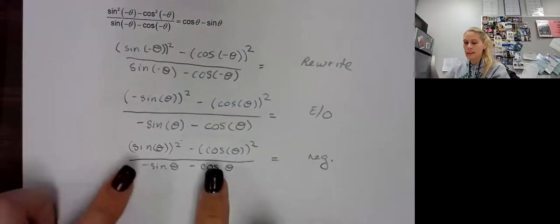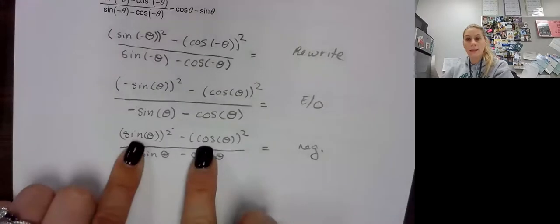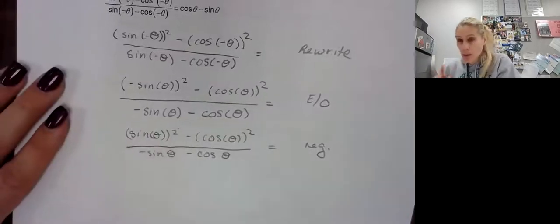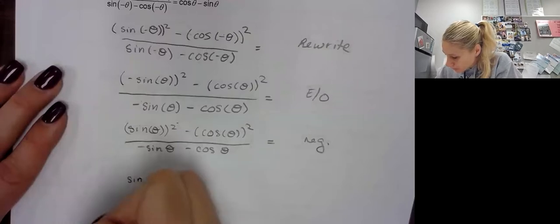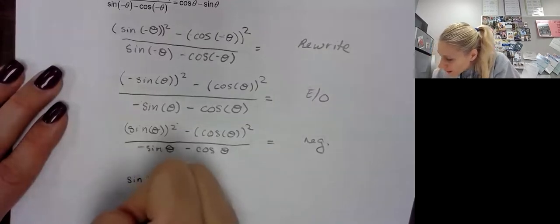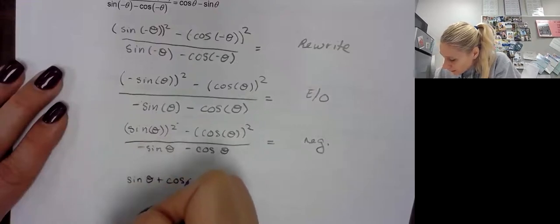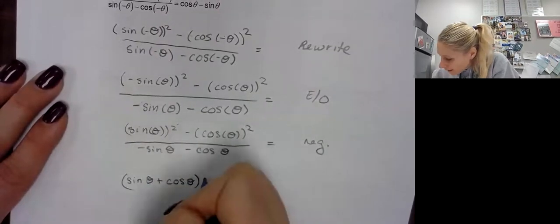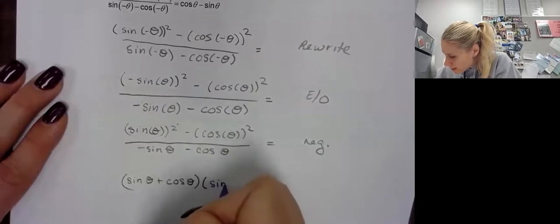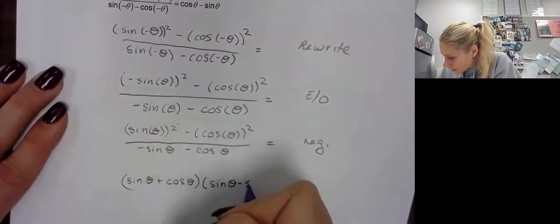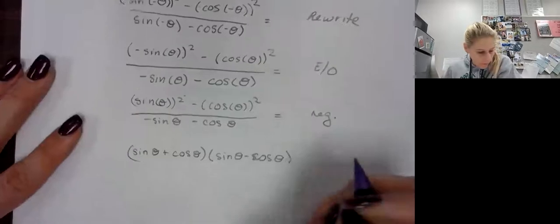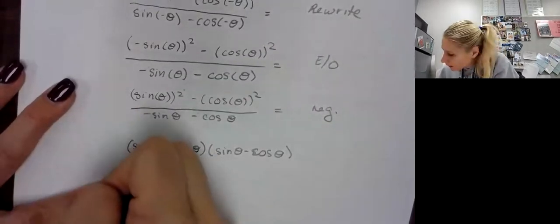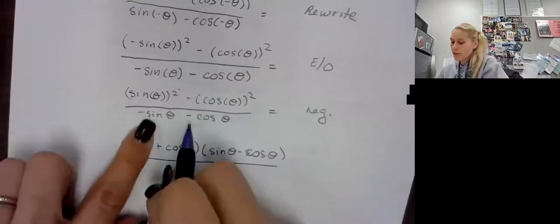All right, what can I do next? Well, if you realize on top, we actually can expand this, right? We can factor, and this is the difference of two squares. So our numerator is the difference of two squares. So we get sine theta plus cosine theta times sine theta minus cosine theta, all over. What I'm also going to do in the denominator is also factor.